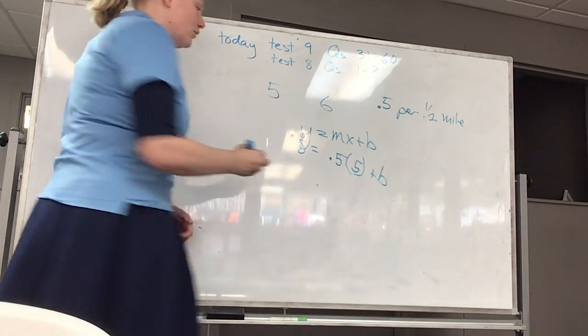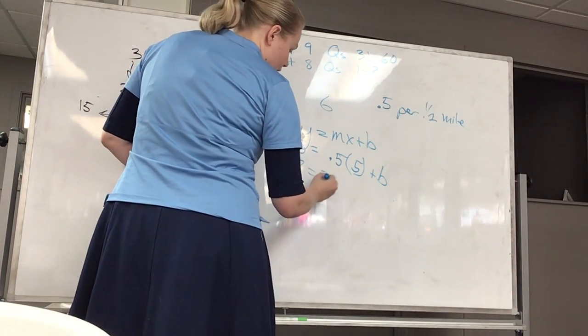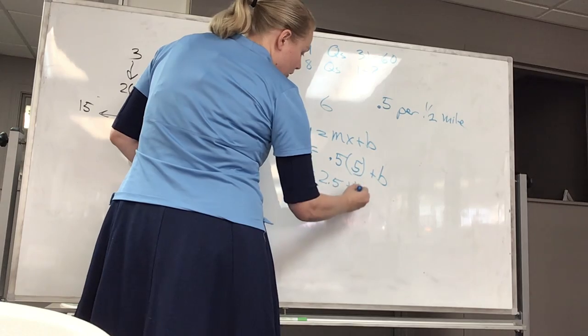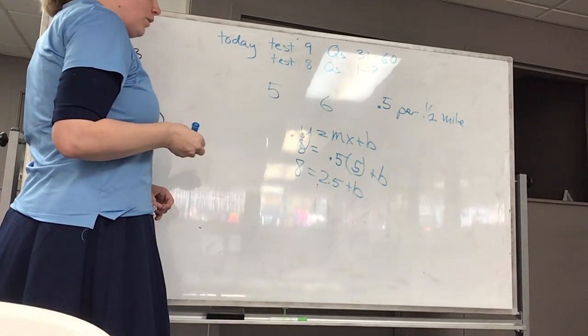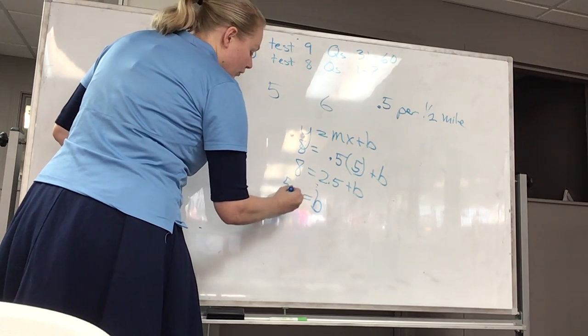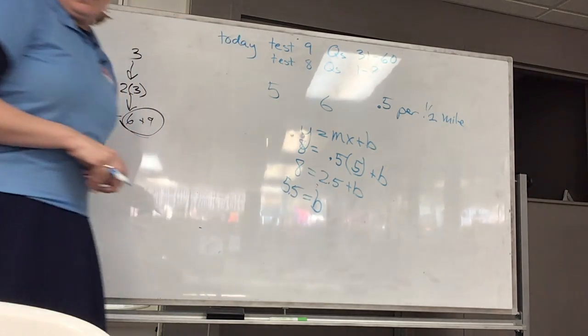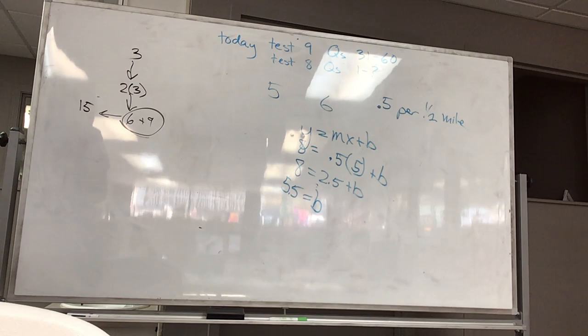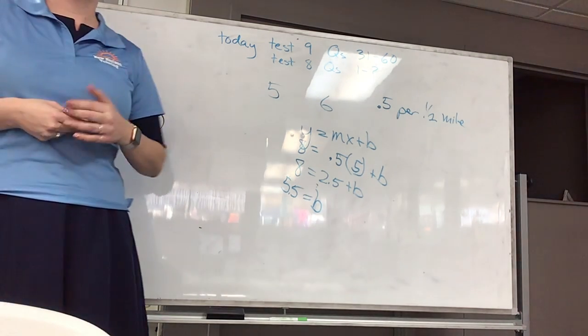Half of 5 is 2.50, so 8 equals 2.5 plus b. Subtract the 2.5 from both sides. b equals 5.5. Or in other words, $5.50 to start the carriage ride.